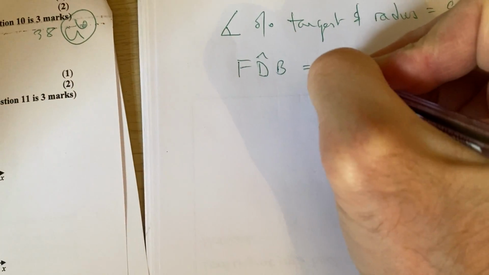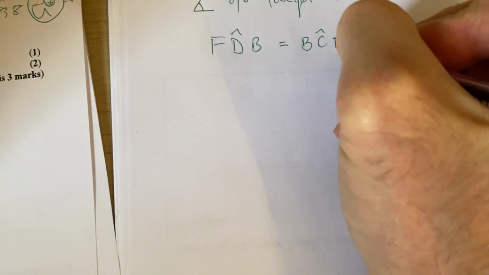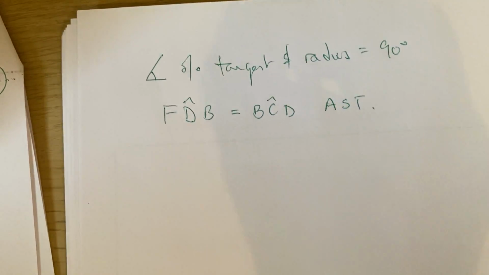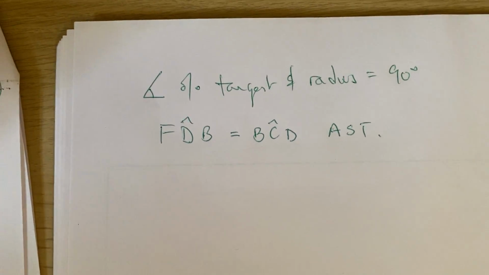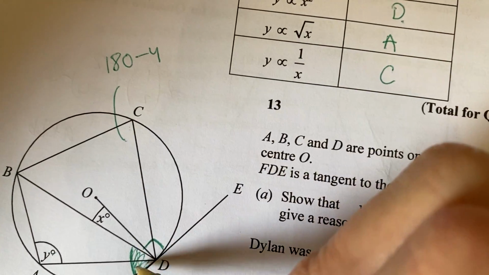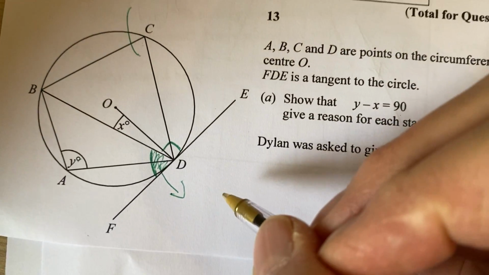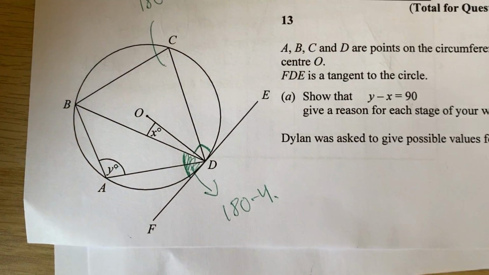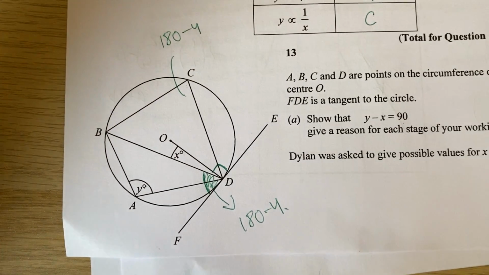So that equals BCD, and that's called the alternate segment theorem. And you can write it all out, alternate segment theorem. But I know that that angle equals there, therefore that angle must be 180 minus y. Do you get me so far? Take your time, look at that.